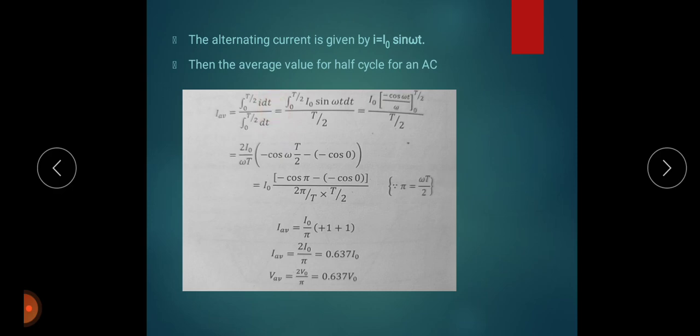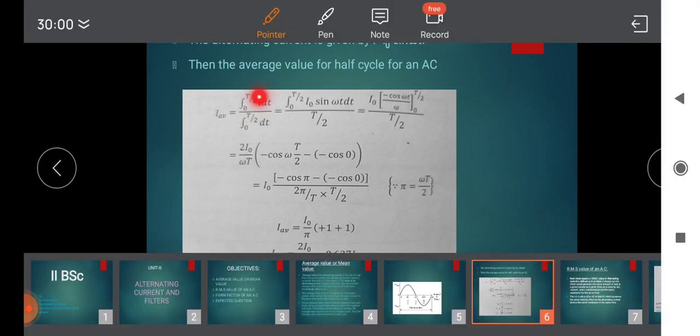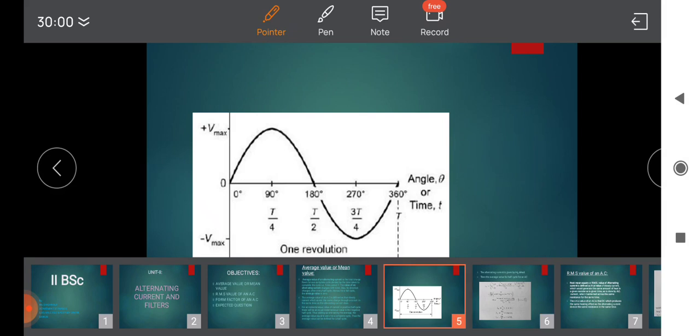So take the limit as 0 to T divided by 2, because we have considered a positive half cycle.